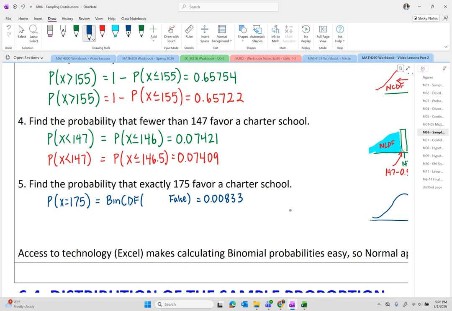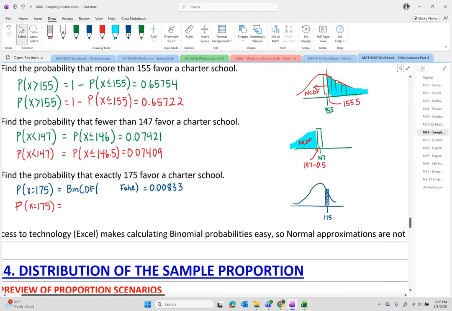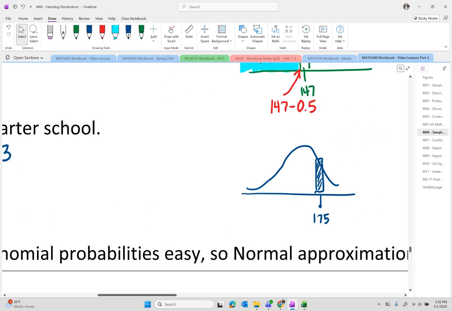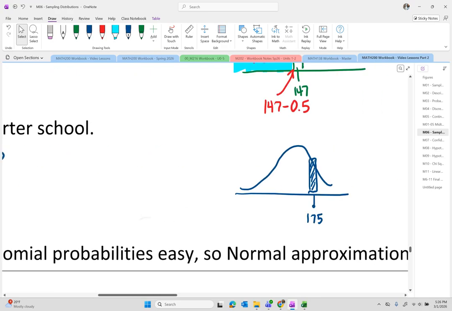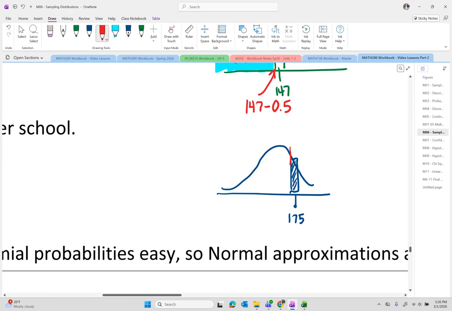But when I use a continuous random variable, the probability of being exactly 175 is non-existent. So if I want the area of this rectangle in terms of a continuous random variable, I need to find the area of the normal curve from the left bound of it, which is 174.5, to the right bound of it, which is 175.5.